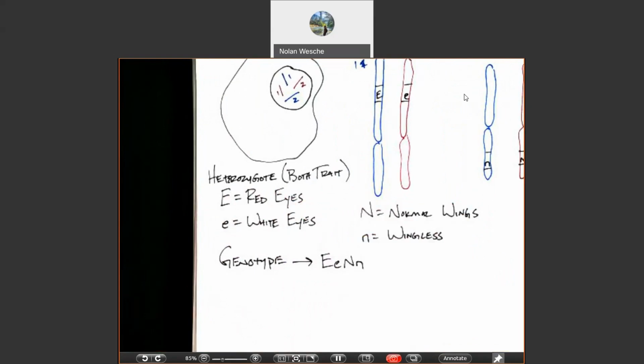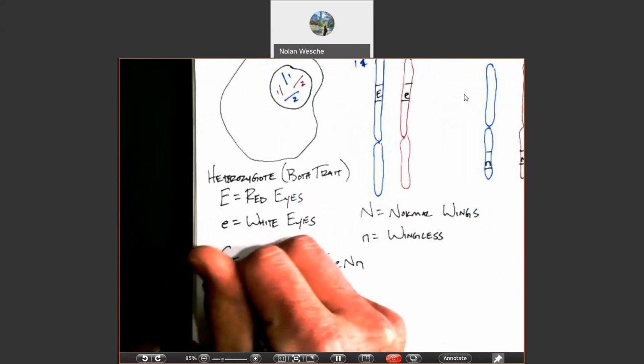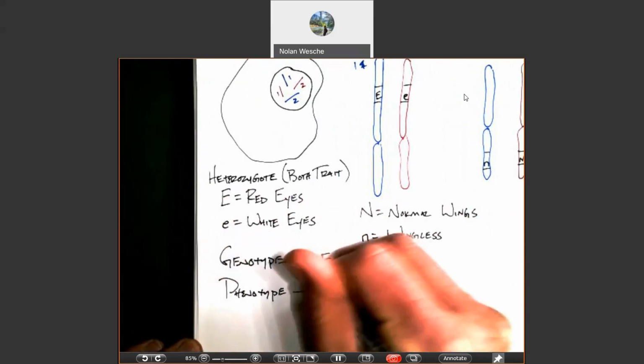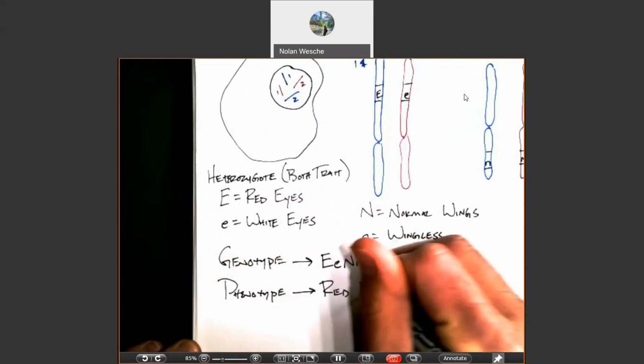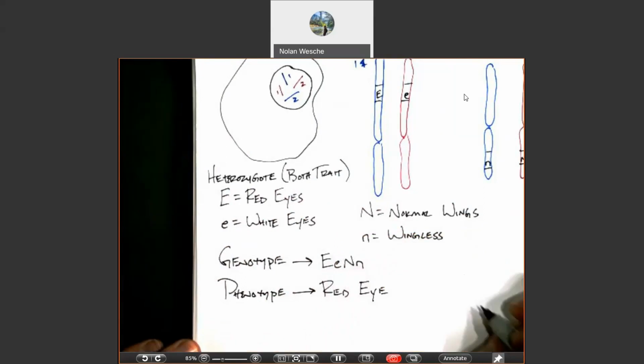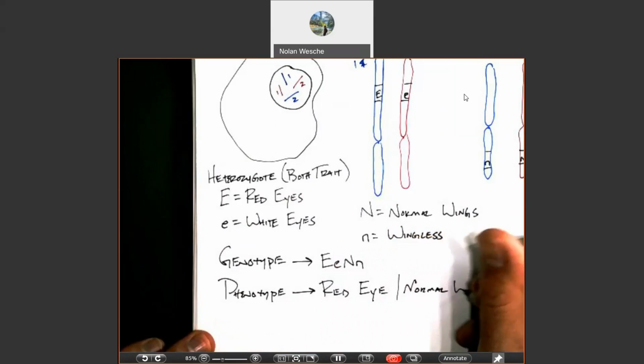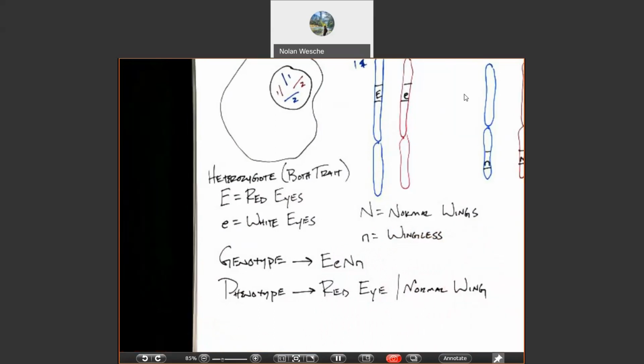And then the phenotype, what it looks like, the description, will be a red eye, because the red eye allele is going to dominate over the white eye allele, and normal wing, because that's going to dominate over the wingless allele. We got red eyes and normal wing.